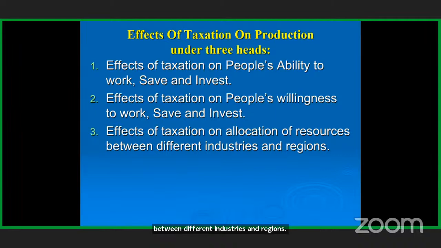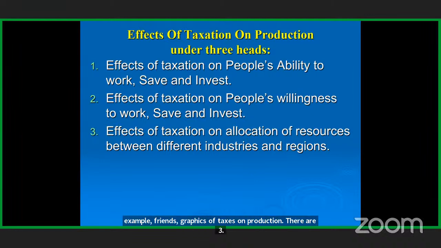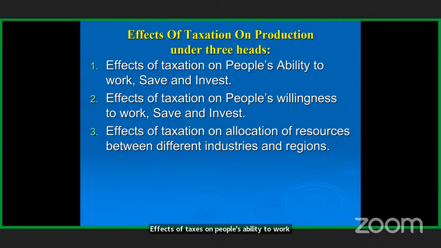For example, friends, effects of taxation on production, there are 3 heads. Effects of taxation on people's ability to work, ability to save, ability to invest. People's ability to work depends on their standard of living. Higher the standard of living, higher is the ability to work.